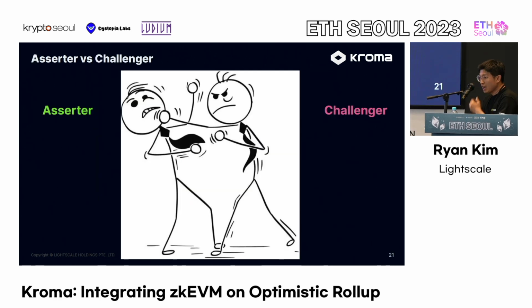I'm going to show you how the block interaction happens on our chain shortly. Before that, I'm going to define two participants here, the asserter and the challenger, to help you understand what's going on in the next slide. The asserter is the participant who submits the state commitment to layer 1.